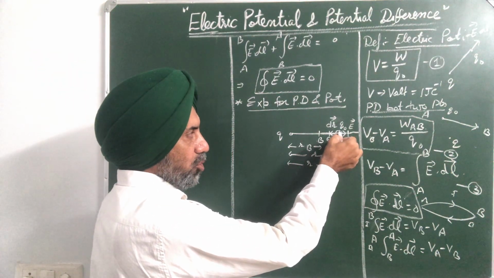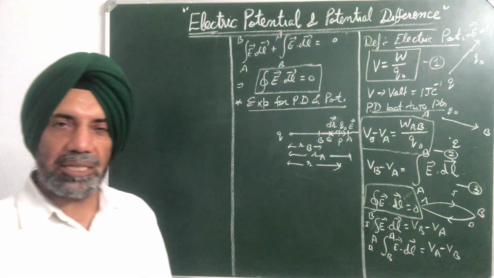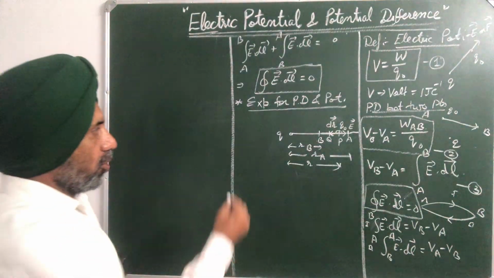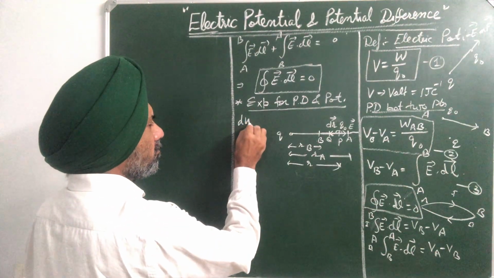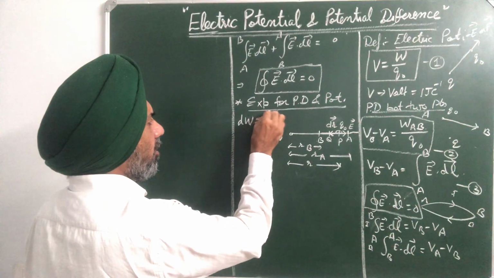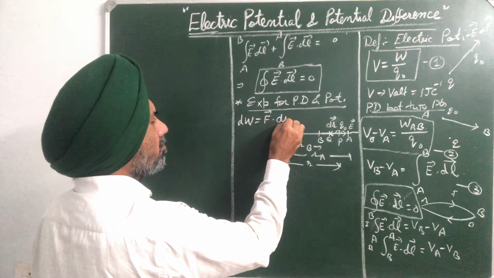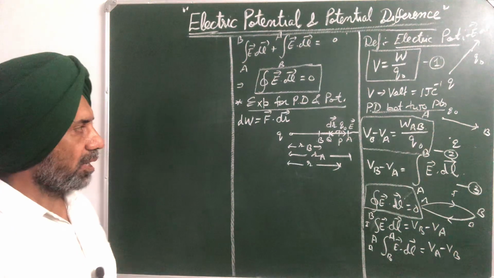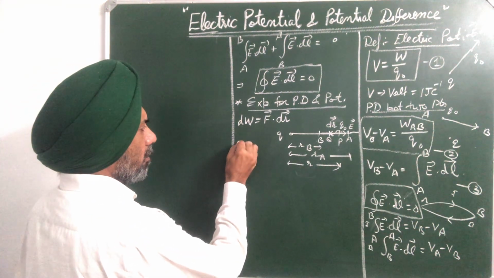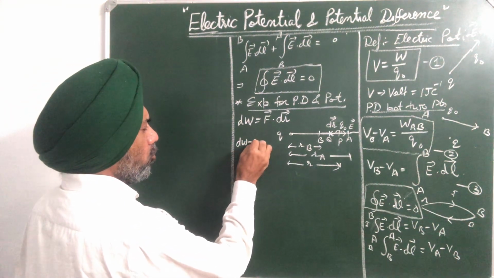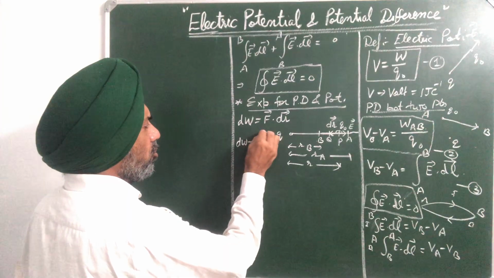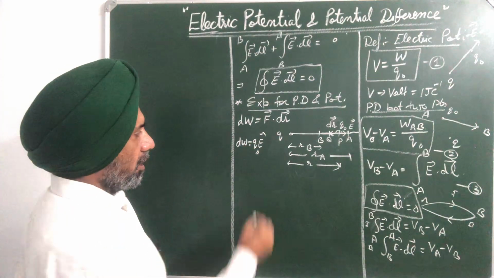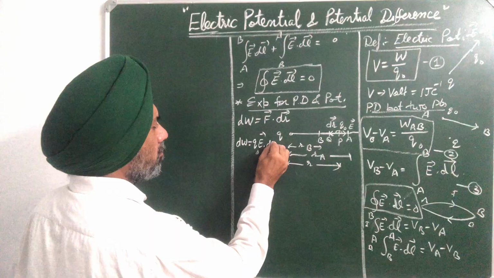When this test charge Q naught is moved from P through a small displacement dr, that small amount of work done is given by F dot dr, by the definition of work done, or Q naught E dot dr, because F is equal to Q naught E.